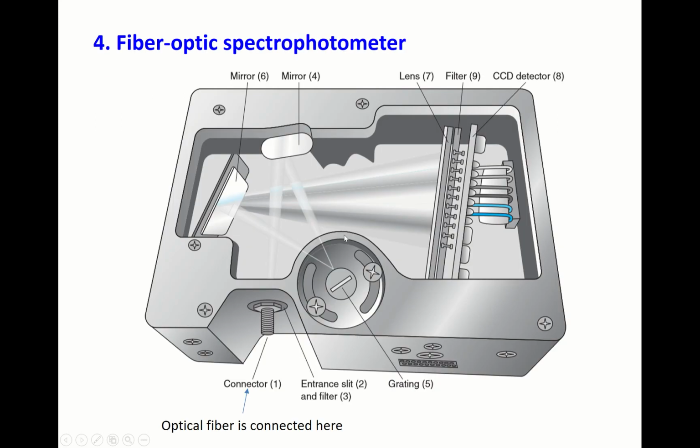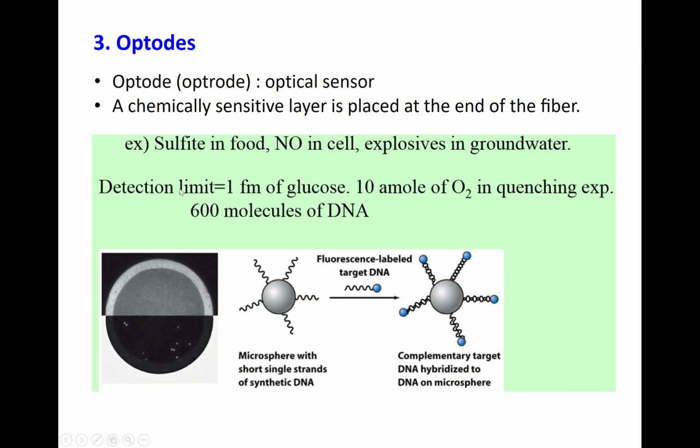Rather simple. Here is the fiber optic instrument, a spectrophotometer. The optical fiber is connected to here, and the rest is the same as an ordinary spectrophotometer. You have a long optical fiber, and at the end you make the fiber an optode, or optrode.